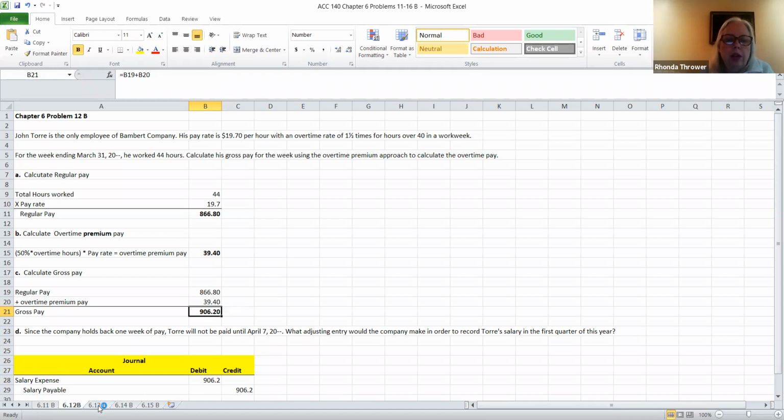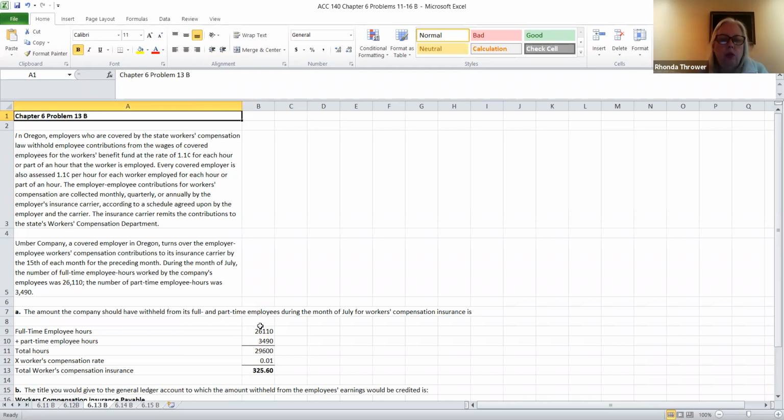So I'm going to move to the next problem, which is 613. In Oregon, employers who are covered by the state workers' compensation law withhold employees' contributions from the wages of covered employees for the Workers' Benefit Fund at a rate of 1.1 cent for each hour or part of an hour that the worker is employed.